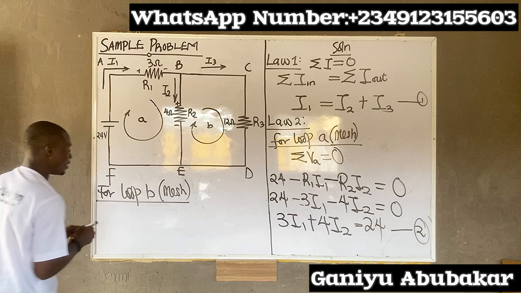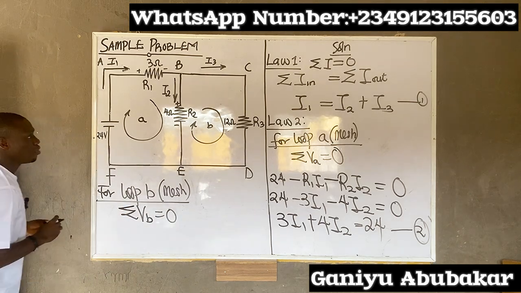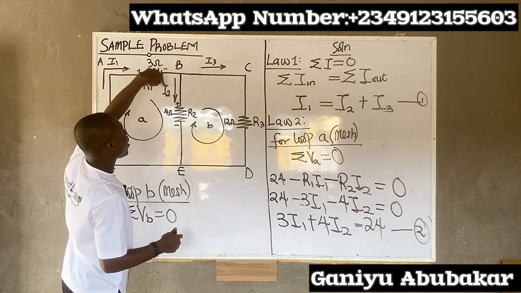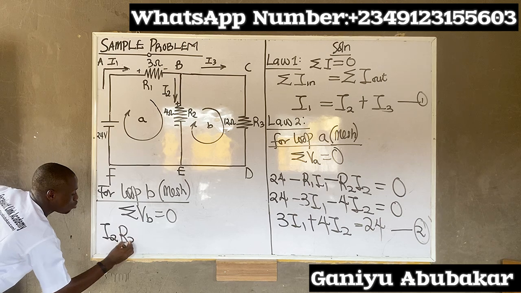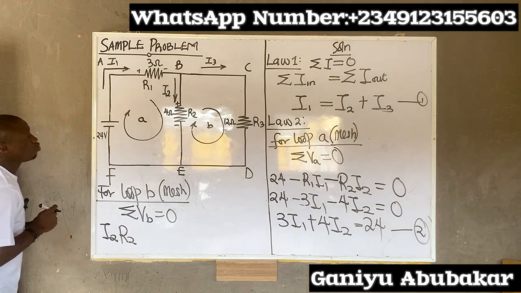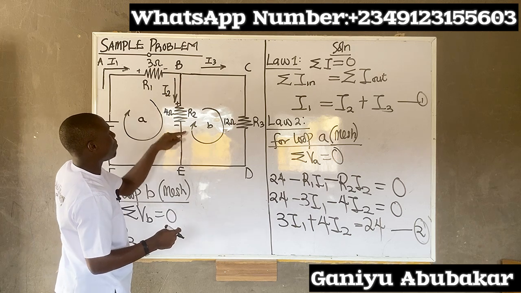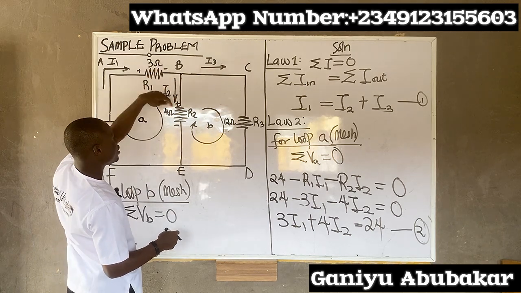So my first task says that the summation of VB equals 0. This one moves this way. That becomes positive R2 I2, that's I2 R2 or R2 I2 if I want to. So moving this way, I'm moving from lower to positive. That gives positive because it's the opposite direction of the current.